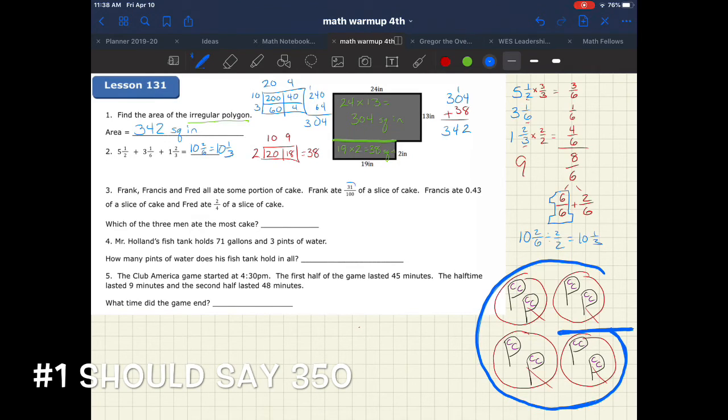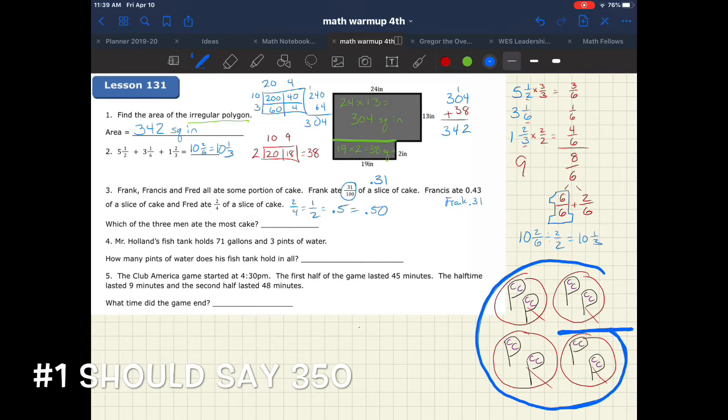So 31/100ths we can write as a decimal as 0.31, and then it's easy to compare to Francis's 0.43. This was Frank. And then 2/4, if you remember that 2/4 is the same as a half, and a half as a decimal is 0.5, and we can also write 5/10 as 50/100ths.